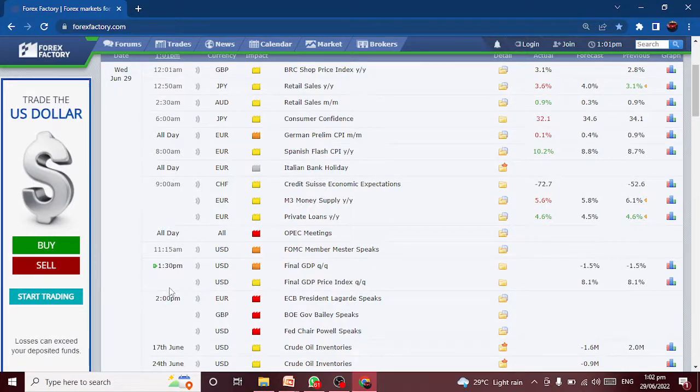That means by 1:30 we should not have anything to do with USD at that time. Then Euro, GBP, USD have a high impact news around 2 p.m. So by then we'll have been out of the market.